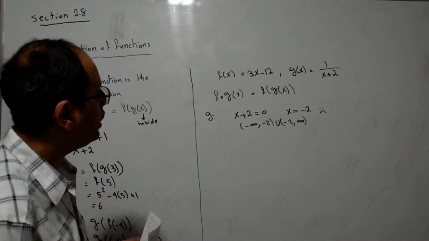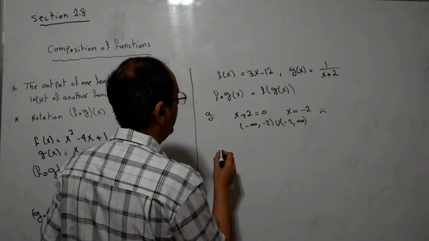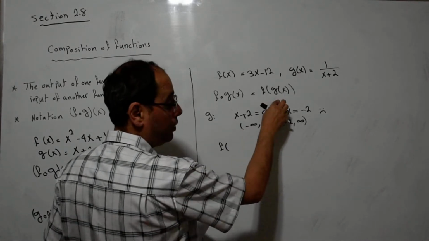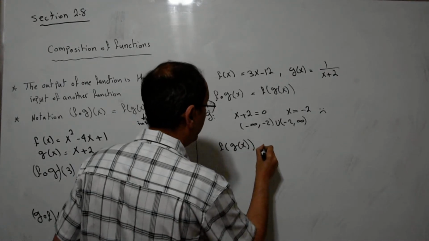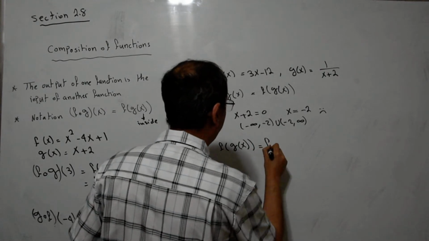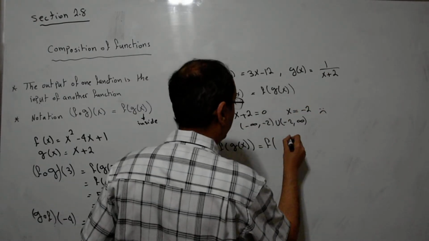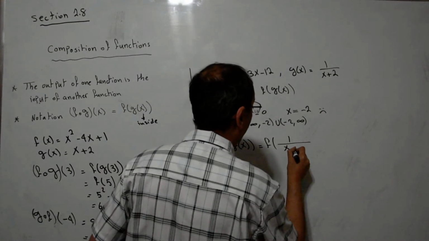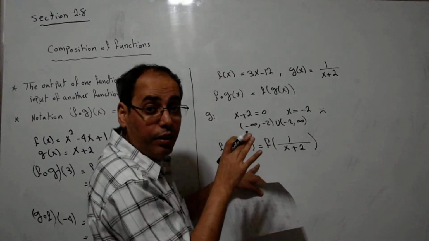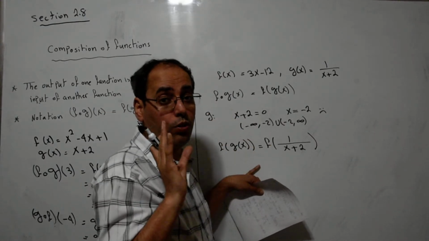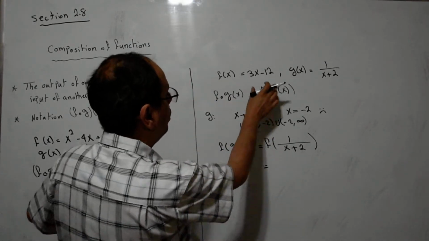Now let's compose the function. I have f of g of x, which equals f of, what is g of x? Here's g of x, 1 over x plus 2. The idea here to make composing the function easier for you is to look at the pattern for f.